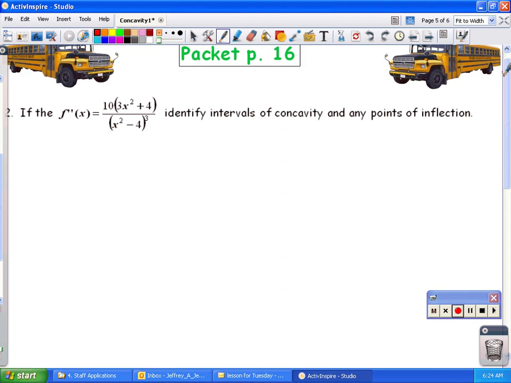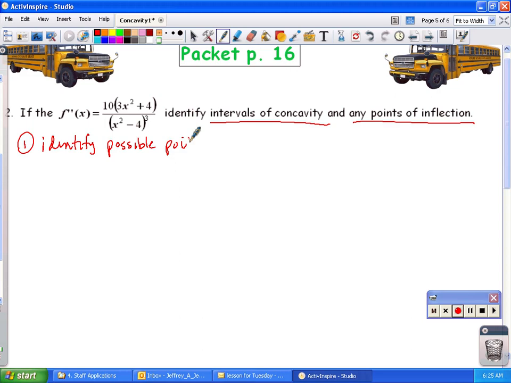In this problem, the second derivative function has already been given to us, so we don't even know what the original function is. And using this second derivative, we are to identify the intervals of concavity and locate any points of inflection. Alright, since we already have the second derivative, the first thing we need to do is to identify possible points of inflection.